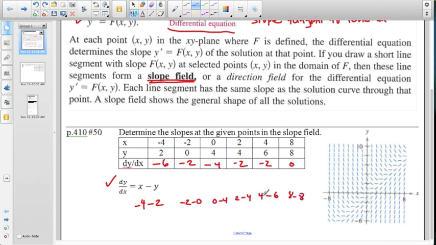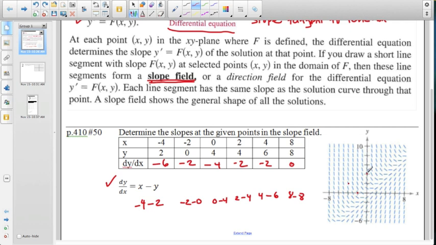So if we take a look at those locations, (-4, 2) would be over 1, 2, 3, 4 and up 2. That would be this point right here. That short blue line represents a slope of -6. At (-2, 0), which is right here, the slope of this blue line is about -2. At (0, 4), that is 1, 2, 3, 4, that's right here.